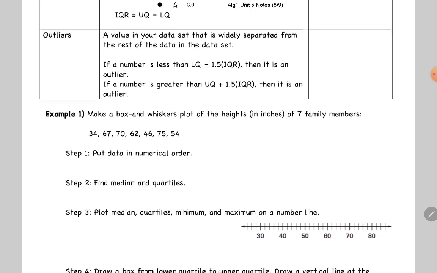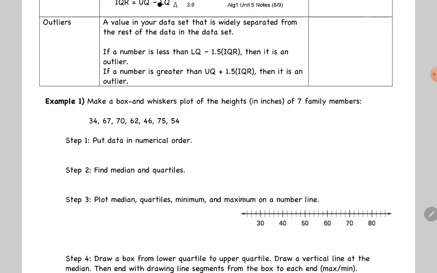Let's do some examples. Make a box and whisker plot of the heights in inches of 7 family members. First you want to rearrange them in order.